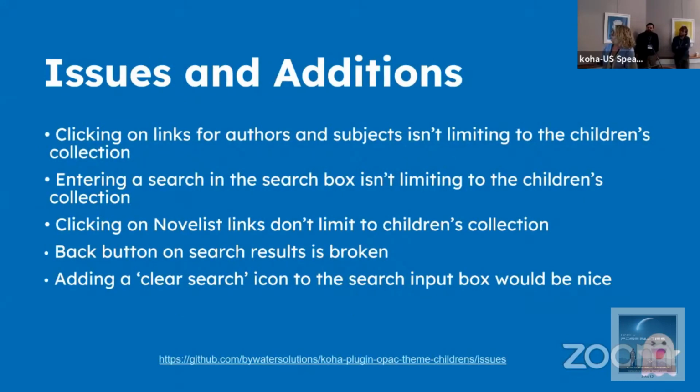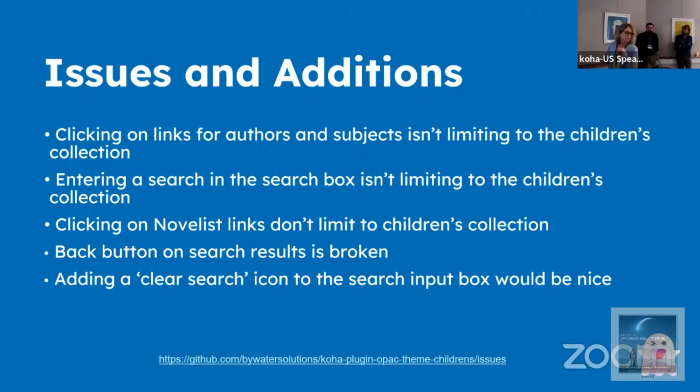And then things we're still working on. So the limits that we set up in the screen, that was the configuration where I'm using shelving locations and Jason's using collection codes, all of those things from the key-in searches on the home screen will limit to however you have defined your children's youth collection.